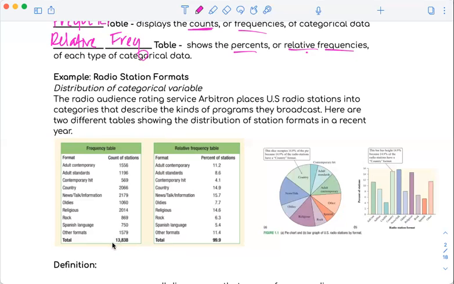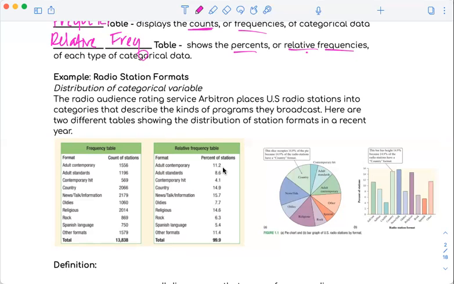So there's 13,838 total radio stations for this particular year. And adult contemporary makes up 1,556 of them, and you can see the breakdown of the rest of them. Then we have the relative frequency.